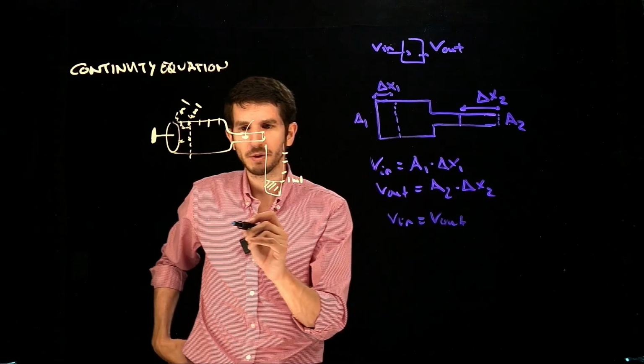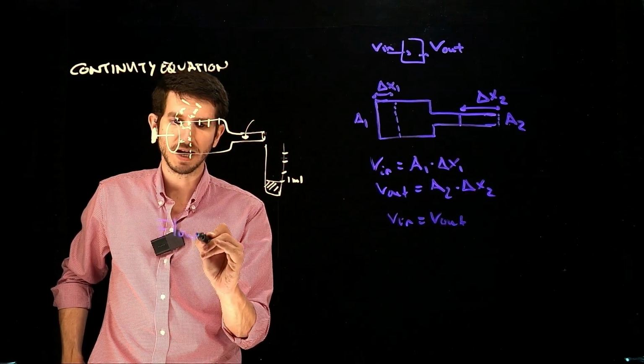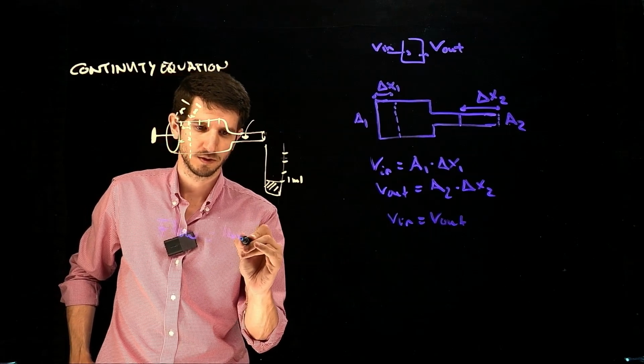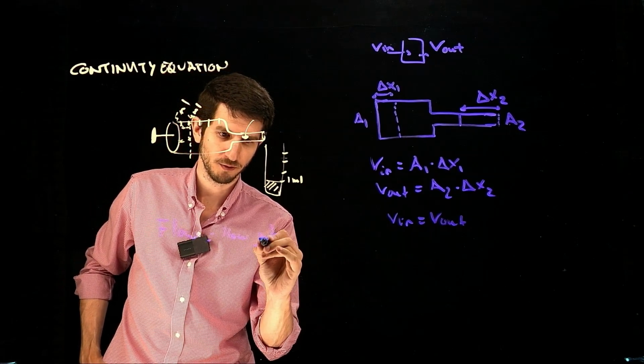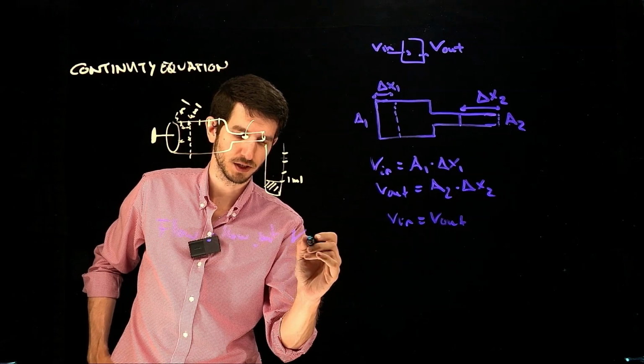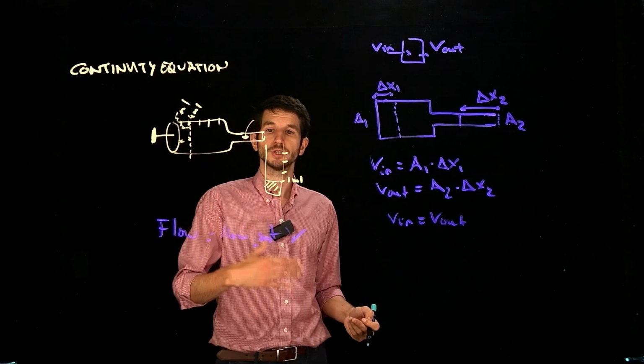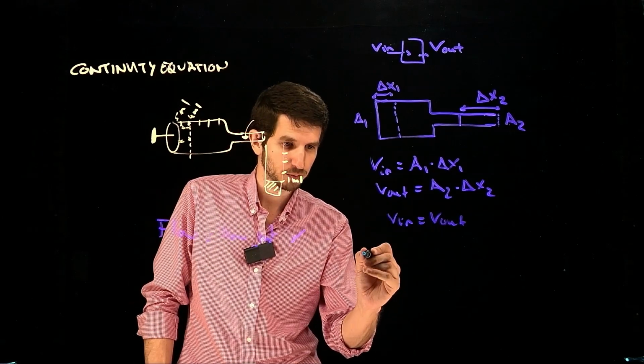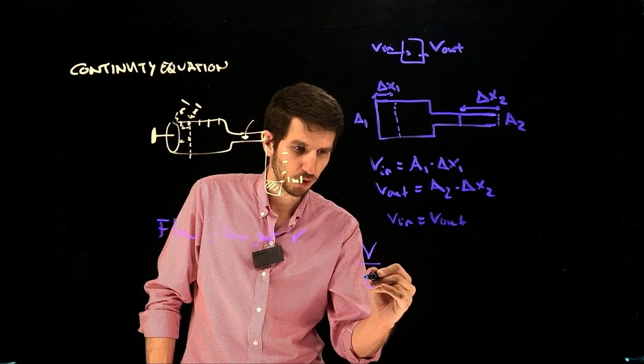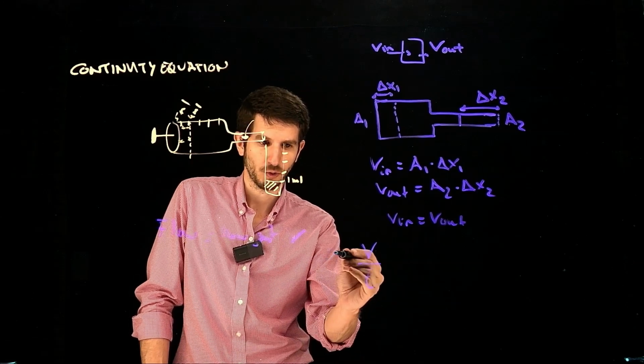Now I'm interested in knowing the flow, right? Which is how fast V is flowing. The volume, how fast the volume is flowing. So how do I do that? Well, what I can do is simply calculate the change in volume over time. That would be the flow, right?